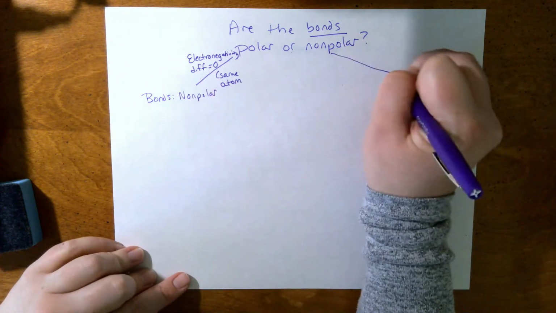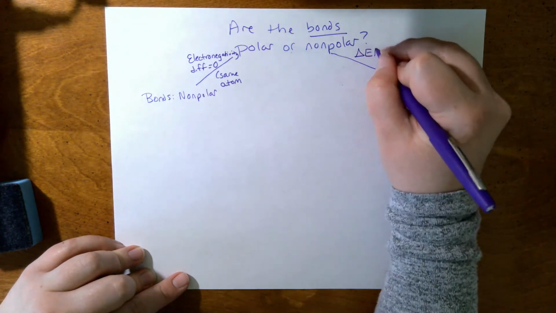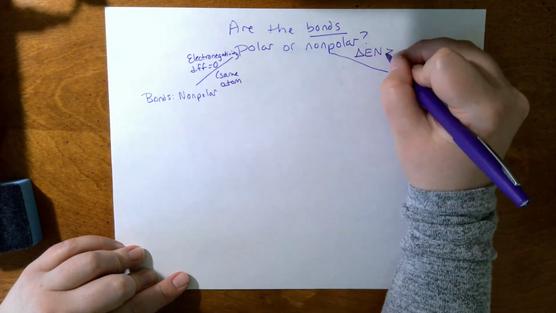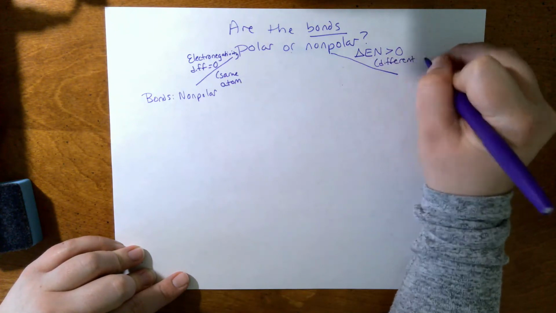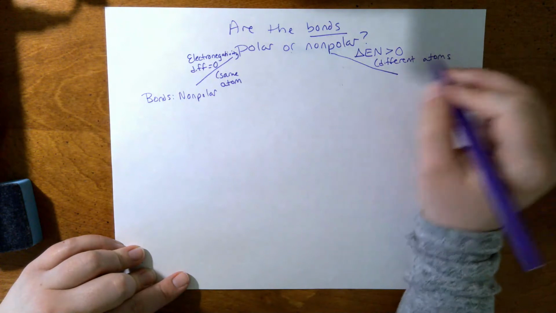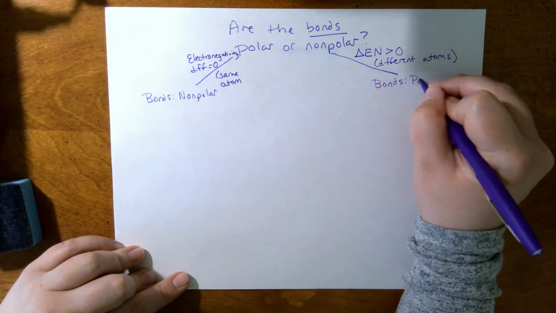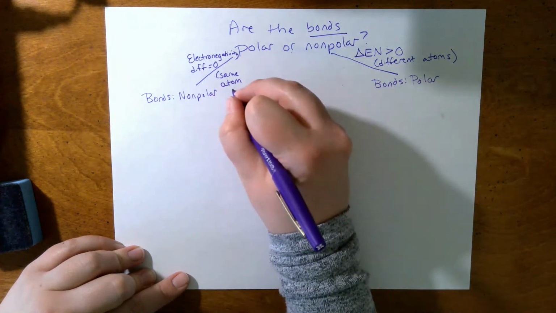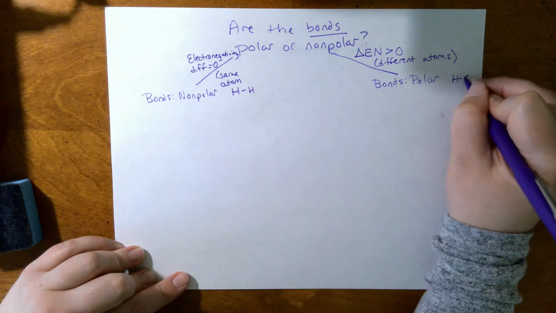Now, if I have an electronegativity difference, which I'm going to write delta EN, that means change in electronegativity, greater than 0, so I have different atoms, then the bonds are polar. So I'll give an example here. A nonpolar bond would be like hydrogen, hydrogen. A polar bond would be like hydrogen and chlorine.